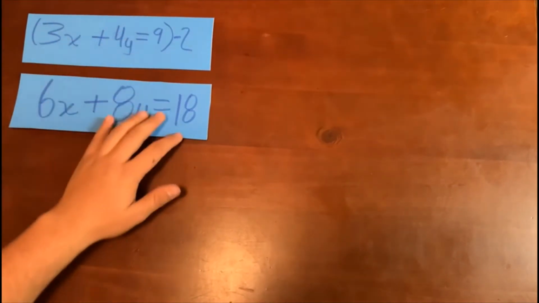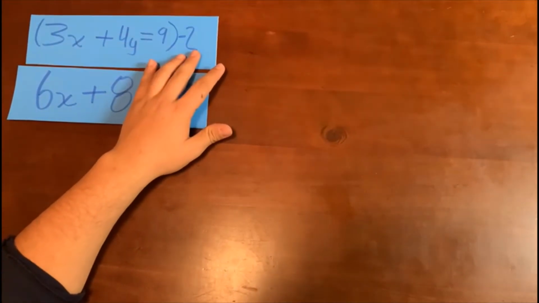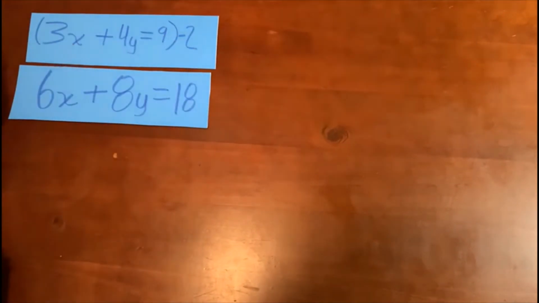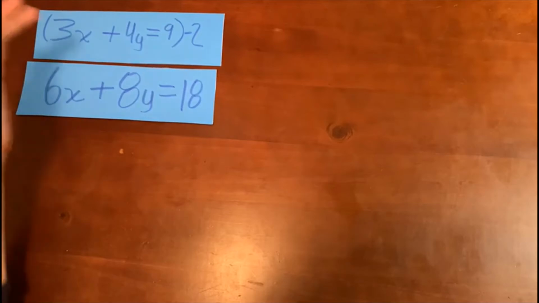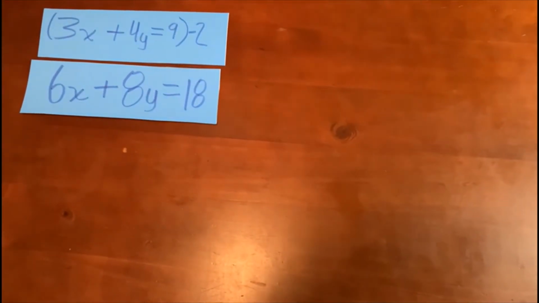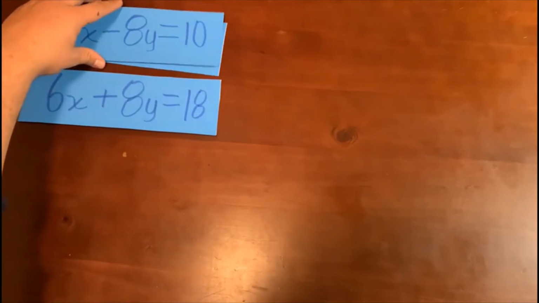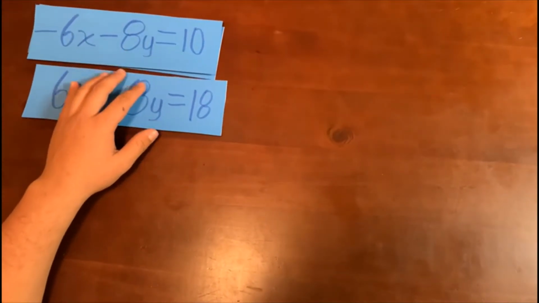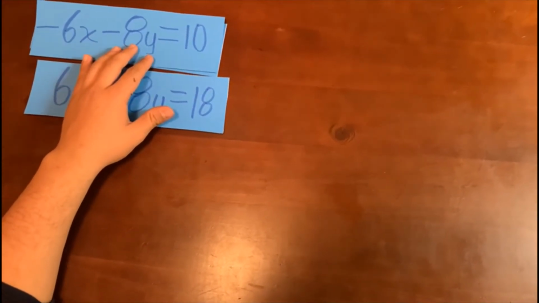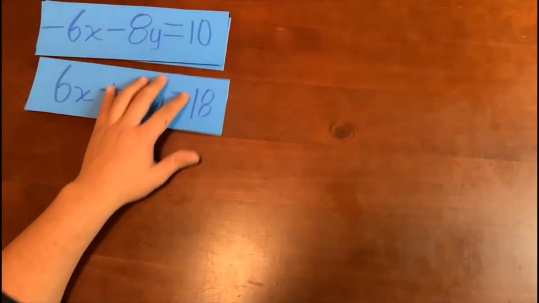Now we go ahead and multiply everything by -2. So we multiply everything times -2, and we now have -6x minus 8y equals -18.